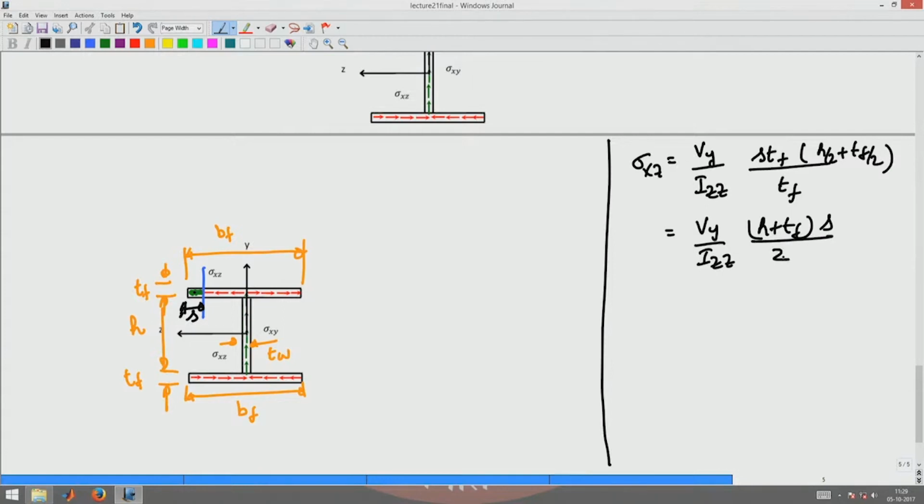Now what happens when S is 0, the shear stress is 0 as it should be, because I am not applying any shear on the outer surface of the flange. Hence the variation of the shear stress along the flange is going to be something like this.